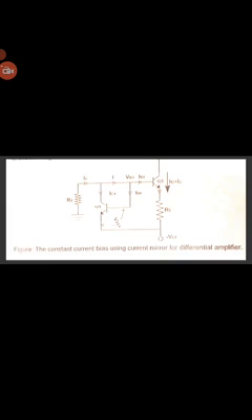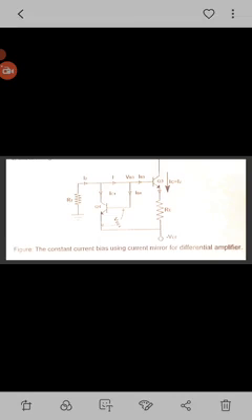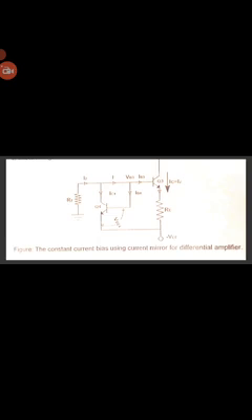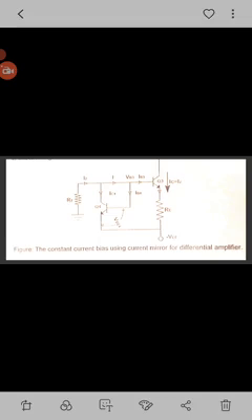Once the current I2, the current flowing through the R2 resistor, is set up, the current IC3, the collector current of the transistor Q3, is automatically established to be nearly equal to the I2 current.